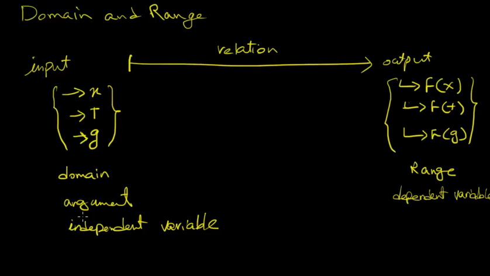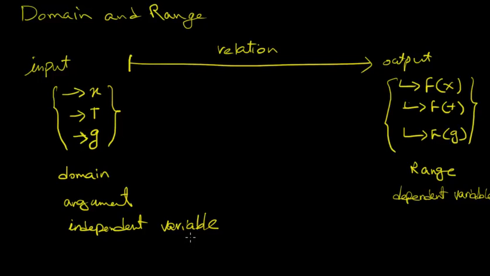Domain, independent variable, and argument are all names for one thing, the value that x may assume. Range and dependent variable are also names for one thing, and that is the value that corresponds to x, the value that y or f of x assumes. When we say independent variable, it means the value of x is not determined by any other thing, but the value of y, the output, is determined by x.